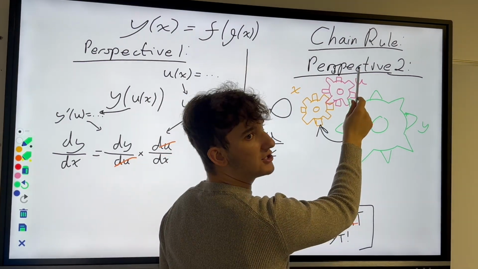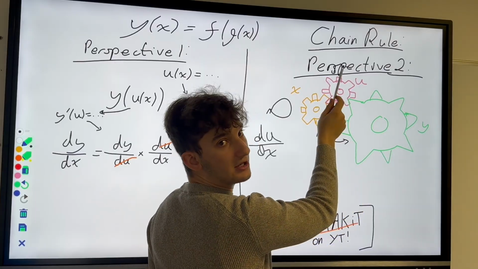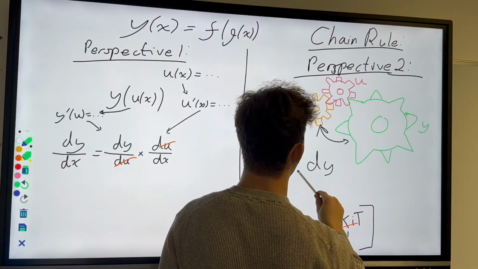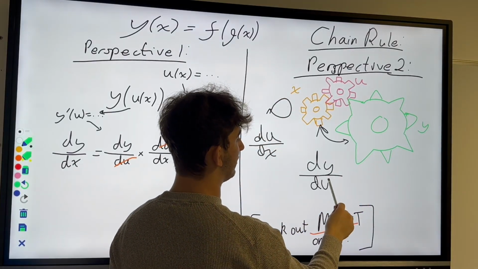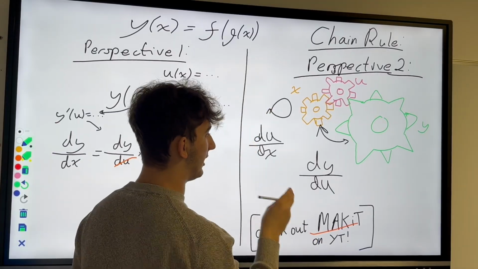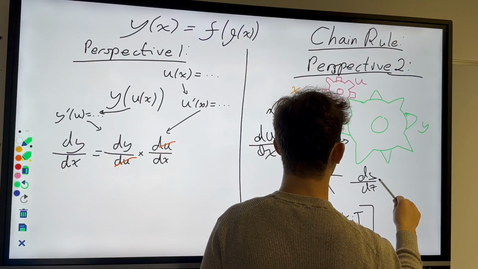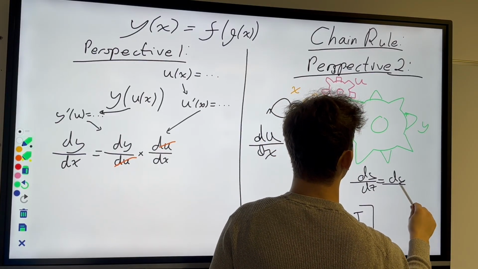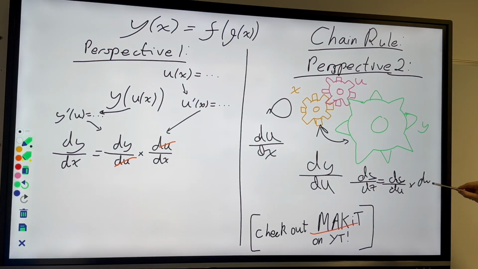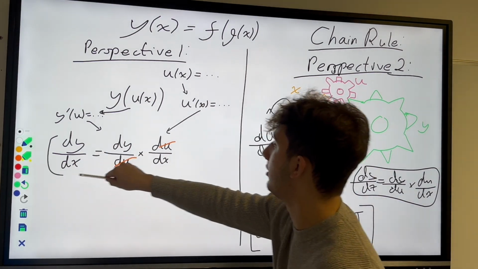Then I find out how much y changes with respect to u, that key terminology, with respect to. So I find dy, change in y, over the little change in u. And then I put them together, I multiply them. dy dx equals dy du multiplied by du dx, which is exactly what we have over here.